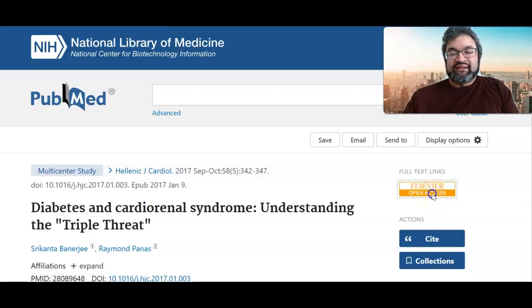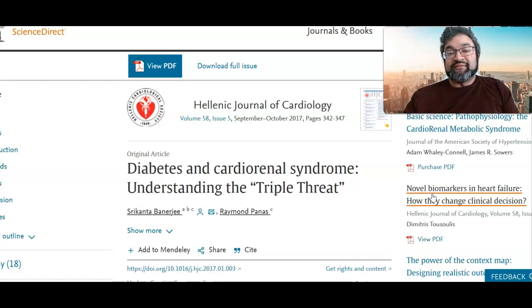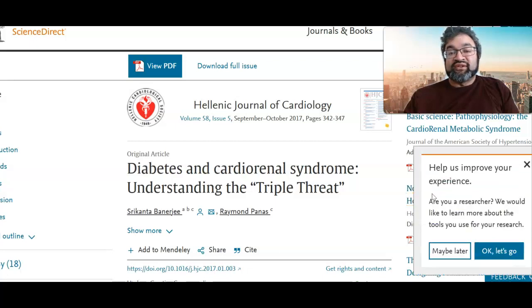Many times you'll see in journals that you are required to buy open access. Again, this is beyond the scope of this assignment. However, I think it is important to note some of these things.